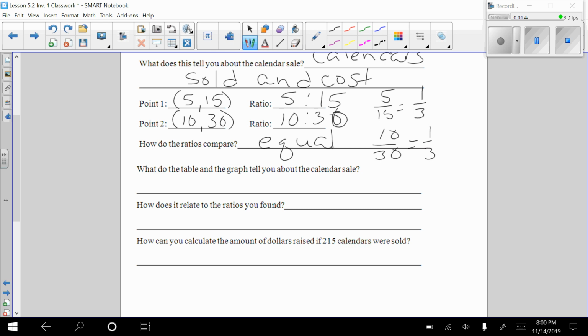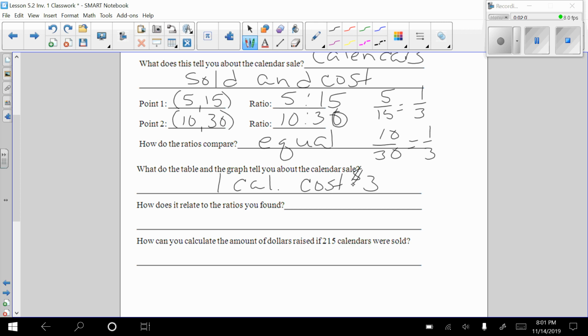Now, we've already answered some of the questions, but what do the table and the graph tell us about the calendars? Well, what this is actually telling us is that each calendar costs $3. So one calendar costs $3.